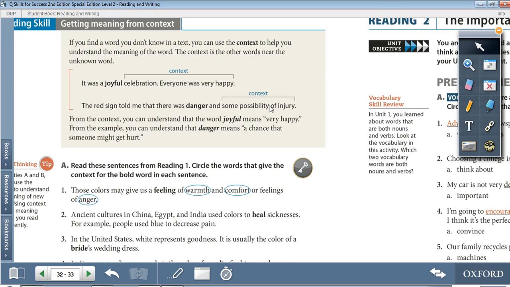So this is the context, and it can help you guess what danger means. It has something to do with causing injury. From the context, you can understand that the word joyful means very happy. For the example, you can understand that danger means a chance that someone might get hurt.